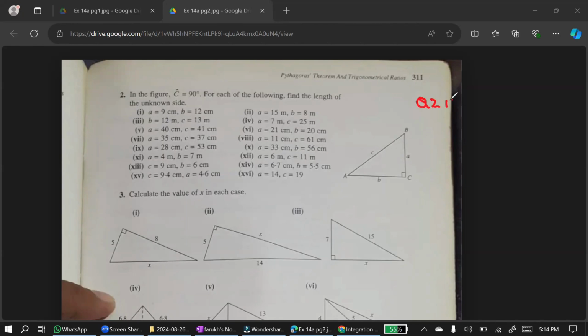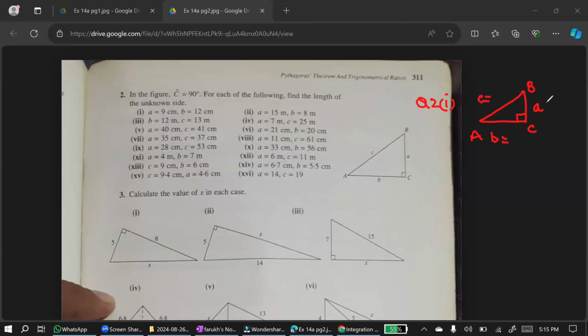Question number 2, part number 1. A, B, C. This one is angle 90 degree. This one is C. This one is B. And this one is A. Already written on the diagram.